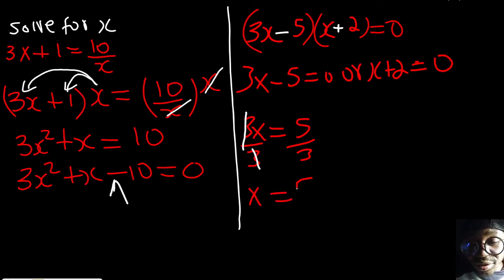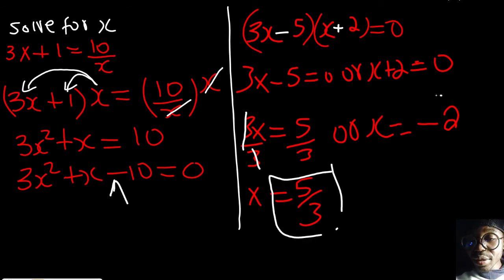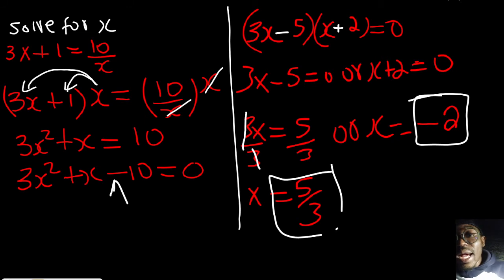So the answer is 5 divided by 3, or x is equal to 5/3. Or we subtract 2 from both sides, and we're going to remain with negative 2. So basically this is the answer we were looking for.